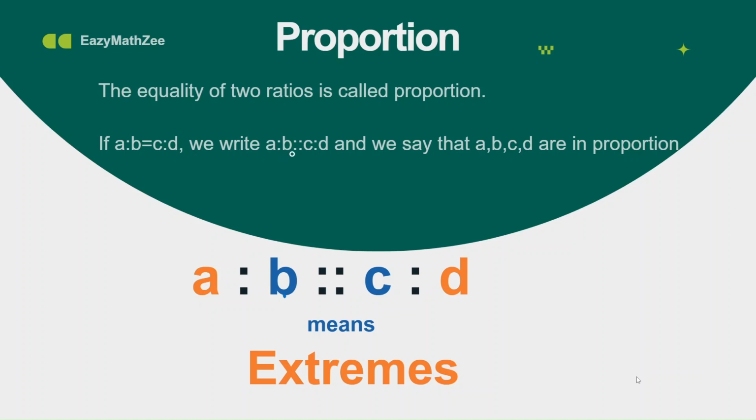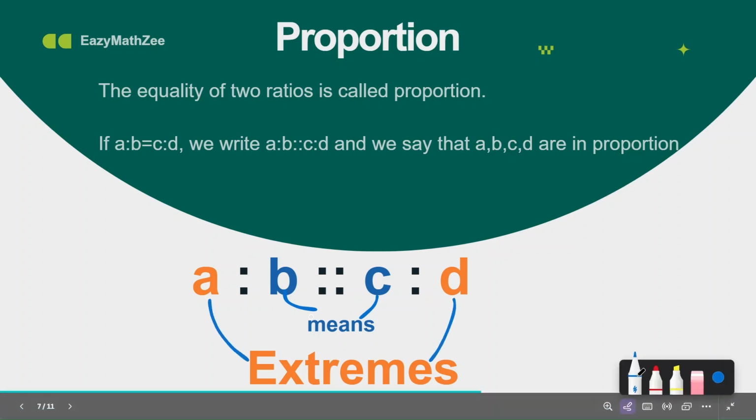We write A is to B proportionate to C is to D, and we say that A, B, C, D are in proportion. B and C are middle terms, they are called means, and A and D are called extremes.